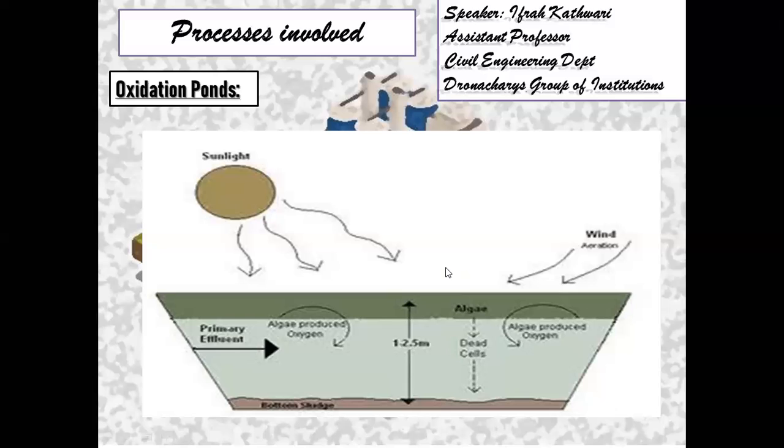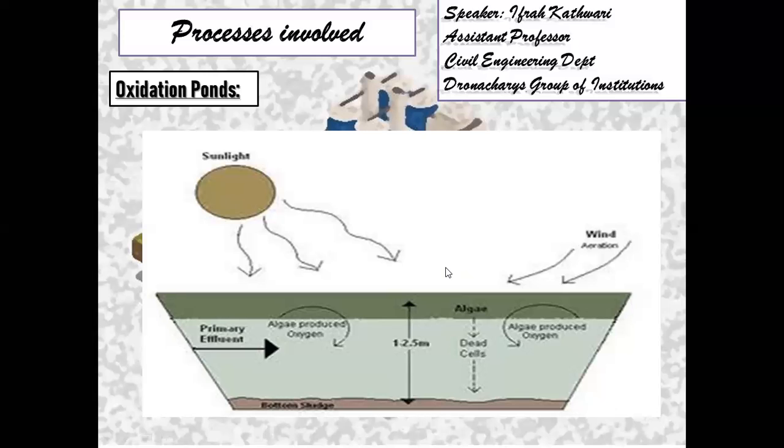So the algae helps in the production of oxygen with the help of photosynthesis in the presence of sunlight. So when oxygen is there, in the presence of oxygen, the organic matter gets decomposed, and this is how we can treat the water with the help of these oxidation ponds.